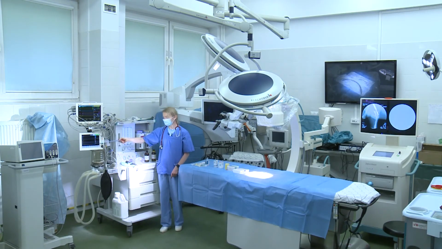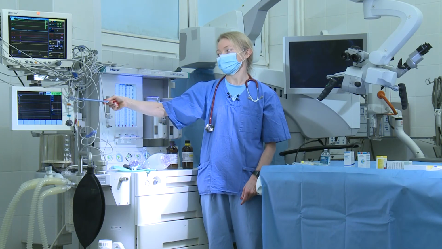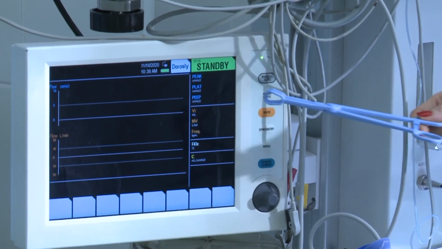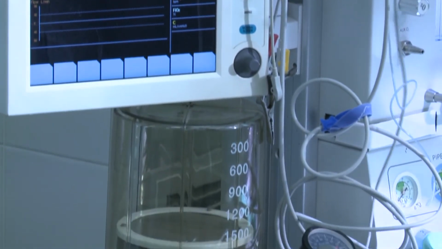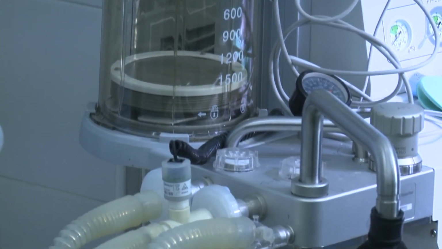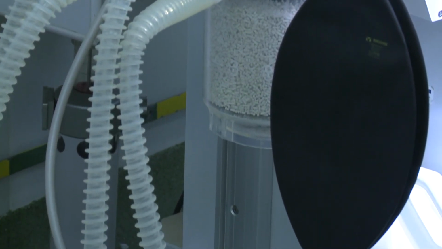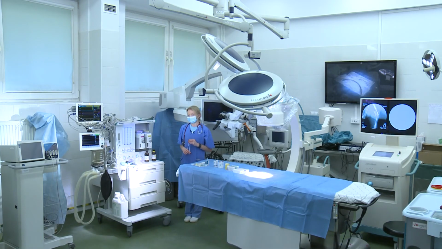The other screen which you see here gives you control over the whole ventilator system, the artificial ventilator, which is widely used during surgery to control the breathing rate of our patient.